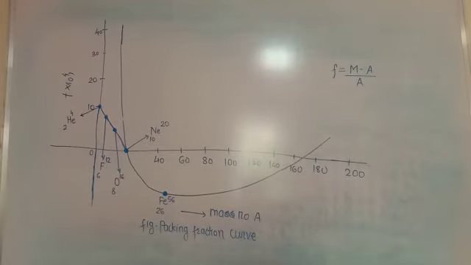The first point is that for the light nuclei, packing fraction has the maximum value.